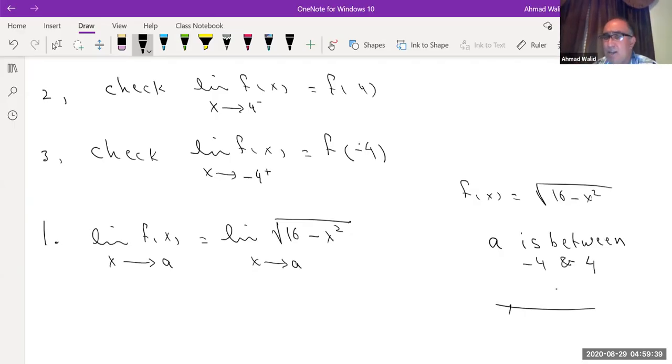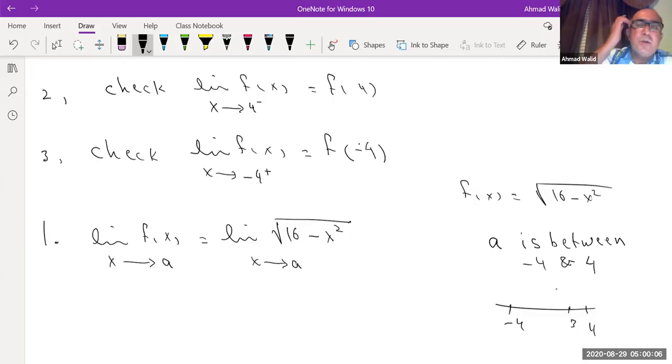Let's think a is a number between -4 and 4, correct? If you plug in such a number, for example, let's say 3. If a is 3, does this limit exist? It means, can I plug 3 here?